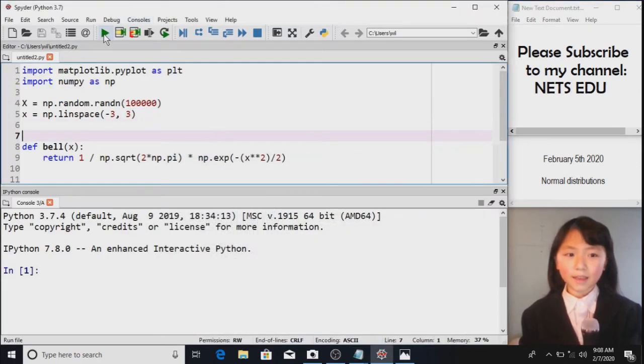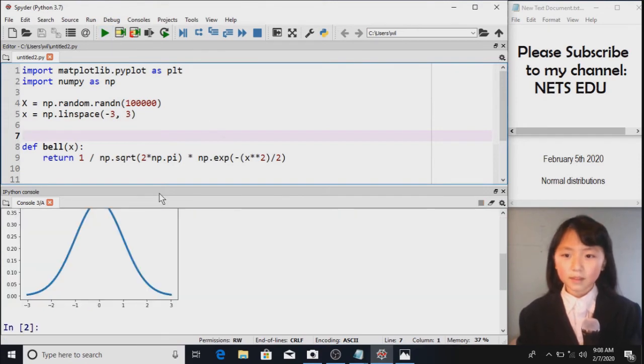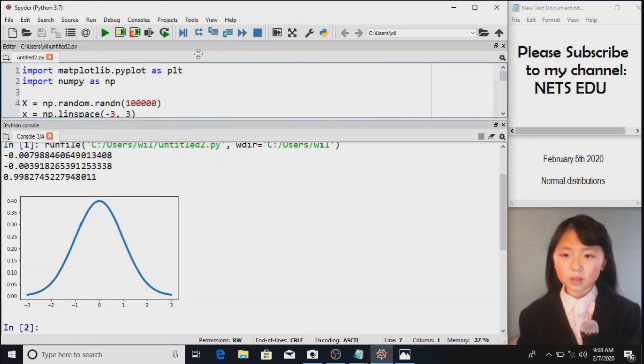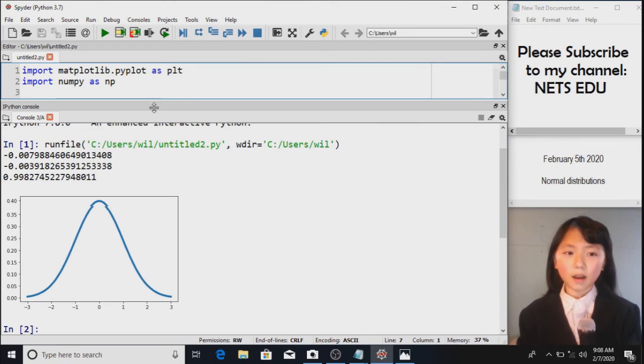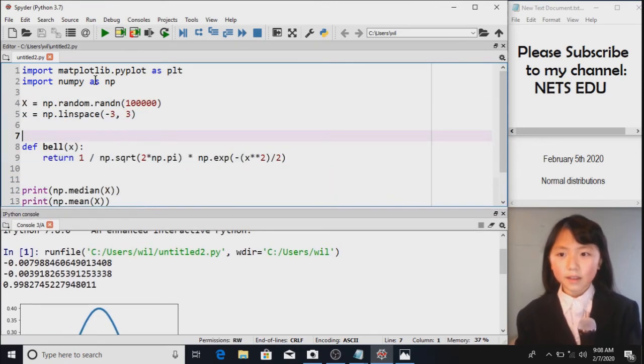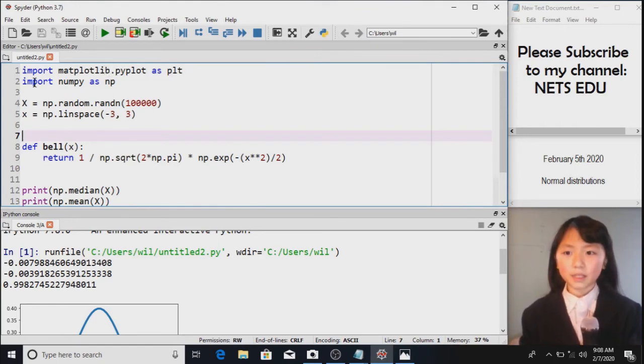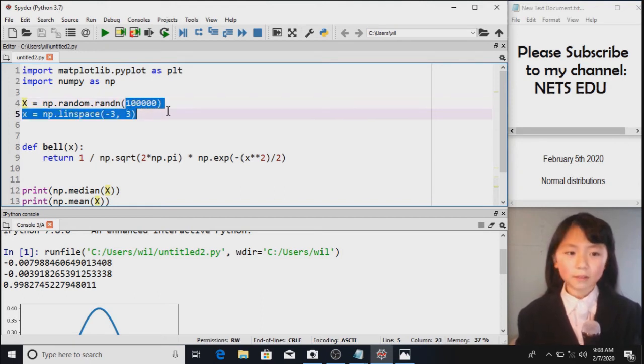First, let me run this. Here I get this normal distribution. Here I get some values, and I will show you what they are later. First, I import matplotlib.pyplot as plt, and I import numpy as np. X equals numpy.random.randn(100000).